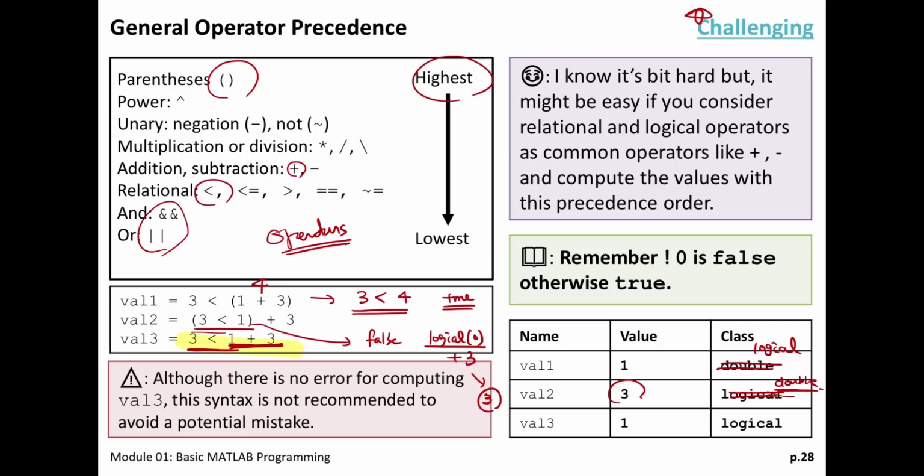That's why this is the same as that one. This is true. Okay. Value 1 and value 3 are the same expression, but I'm not recommending writing this one because it's confusing, right? So that's why I always recommend using the parentheses like this.